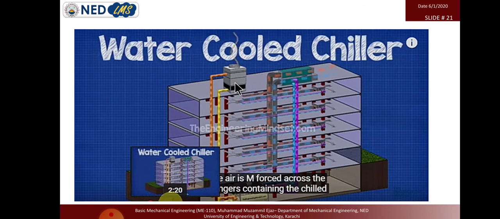Now what is the need of the cooling tower here? You see that the outdoor unit of an AC is directly rejecting heat into atmospheric air. As you already studied in heat transfer, the heat transfer rate of air is lower than water.